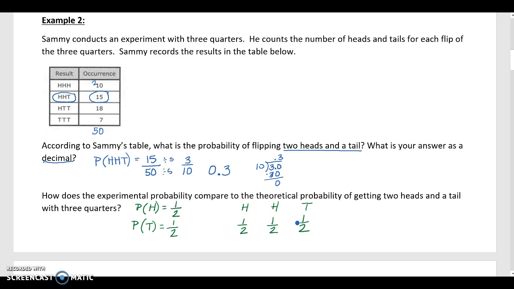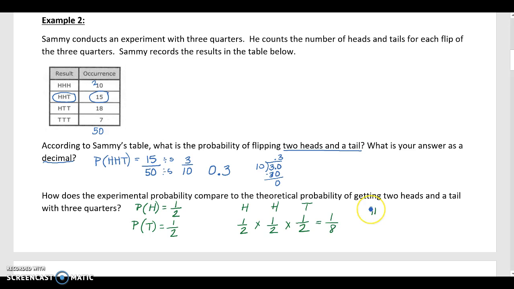So you have the probability of each of the items, and we know that we multiply them. So 1 times 1 times 1 is 1, 2 times 2 is 4, 4 times 2 is 8. So 1 over 8, but to really make the comparison, we need to turn it into a decimal.